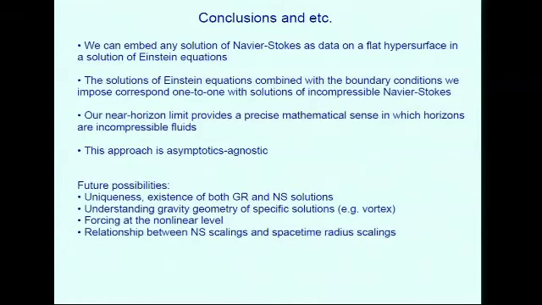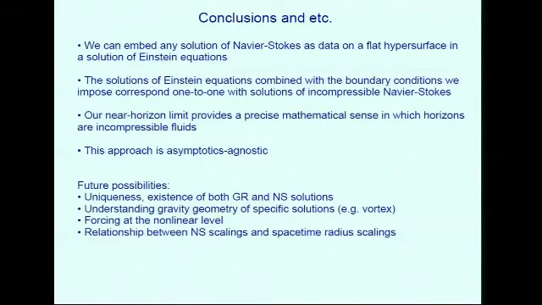Said the other way around, I can start with solutions of Einstein equations, add in the boundary conditions that we impose, both the one at the horizon, that it be only infalling, and the one at the cutoff surface, that the induced metric be flat. Einstein equations plus those boundary conditions plus either the hydrodynamic or near horizon limit corresponds one-to-one with solutions of incompressible Navier-Stokes.